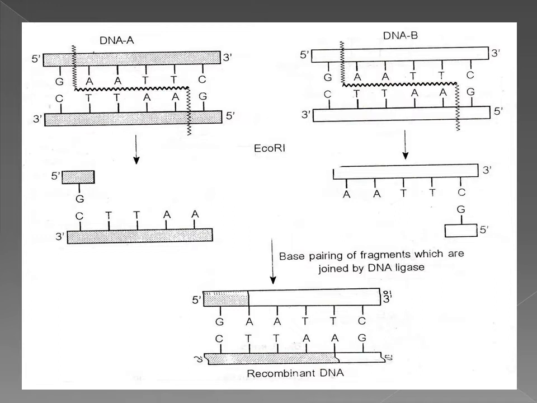This is the actual role of type 2 restriction endonuclease, that is EcoRI, and further the base pairing of the fragments is joined by DNA ligase. So the joining of these two fragments gives a recombinant DNA.